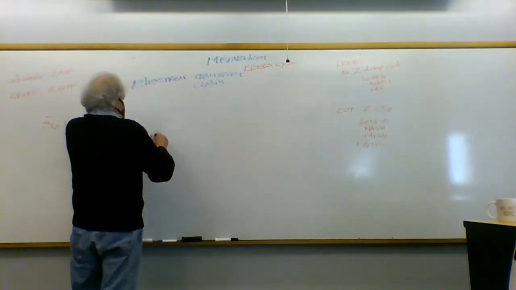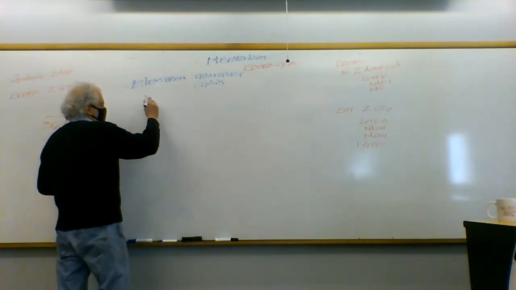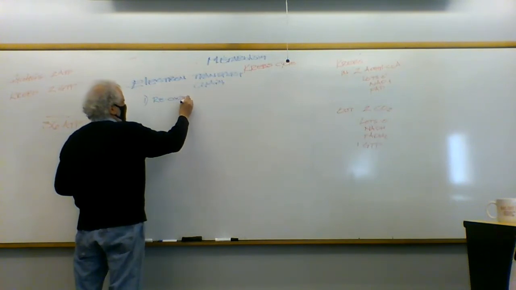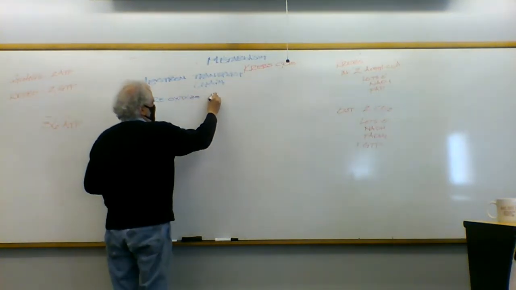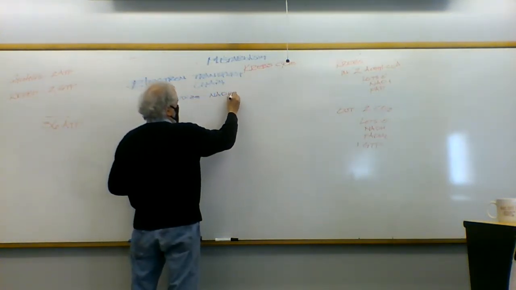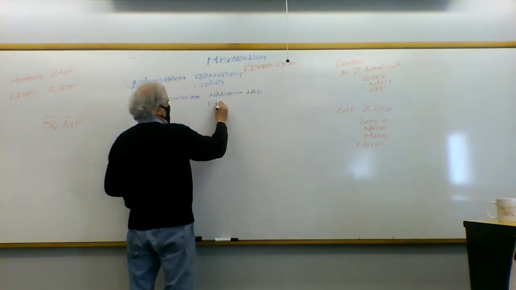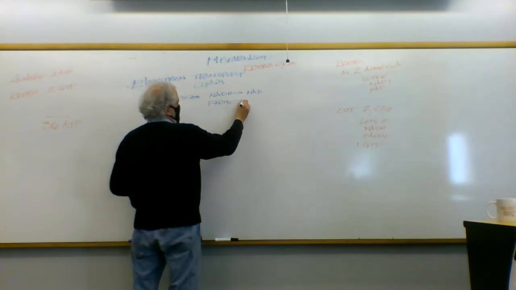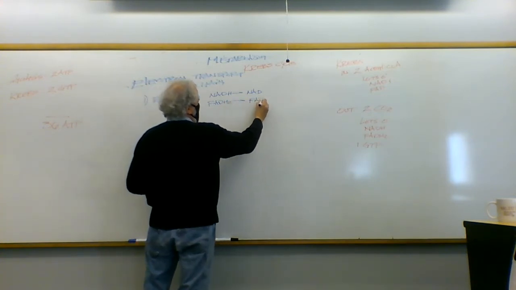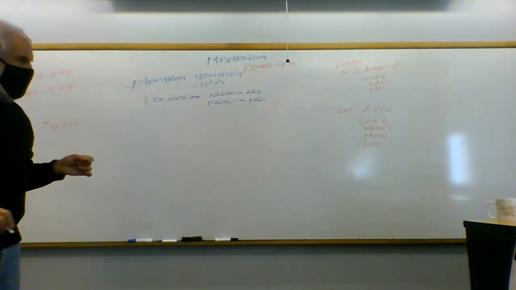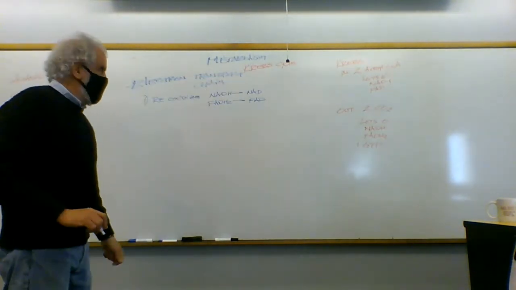The electron transport chain's number one job is to oxidize NADH back to NAD and FADH2 back to FAD, which is really critical because we have to regenerate these, since we need lots of them for the Krebs cycle.